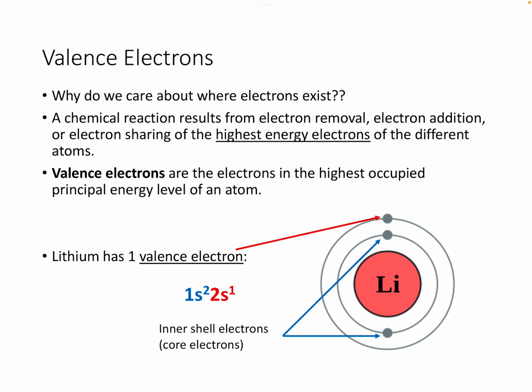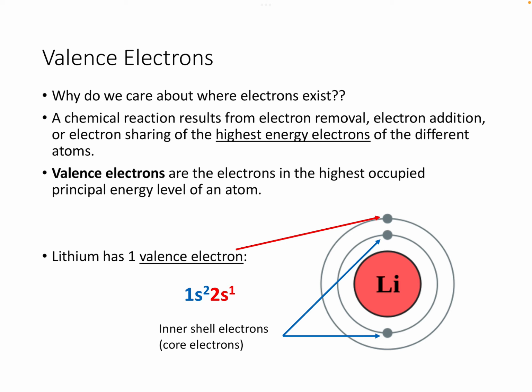So that's going to happen between the highest energy electrons. So the highest energy electrons will either be exchanged or shared, and those are called valence electrons. So that's why we care where the electrons exist around the nucleus.